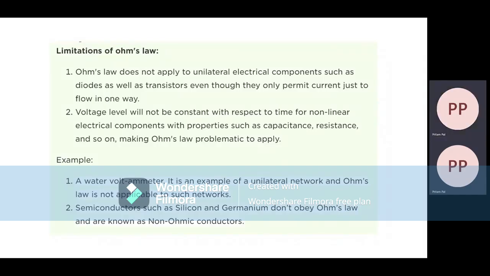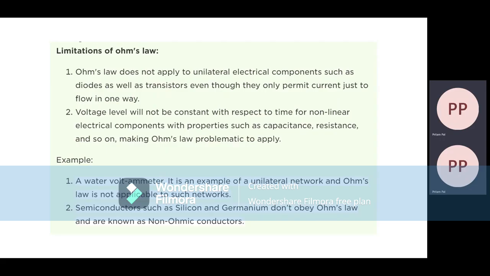So for the diode or the transistor, you can see they are non-linear components. Secondly, what are the other limitations? The voltage level will not be consistent with respect to time for non-linear electrical components with properties such as capacitance, resistance, and so on, making Ohm's law problematic to apply.